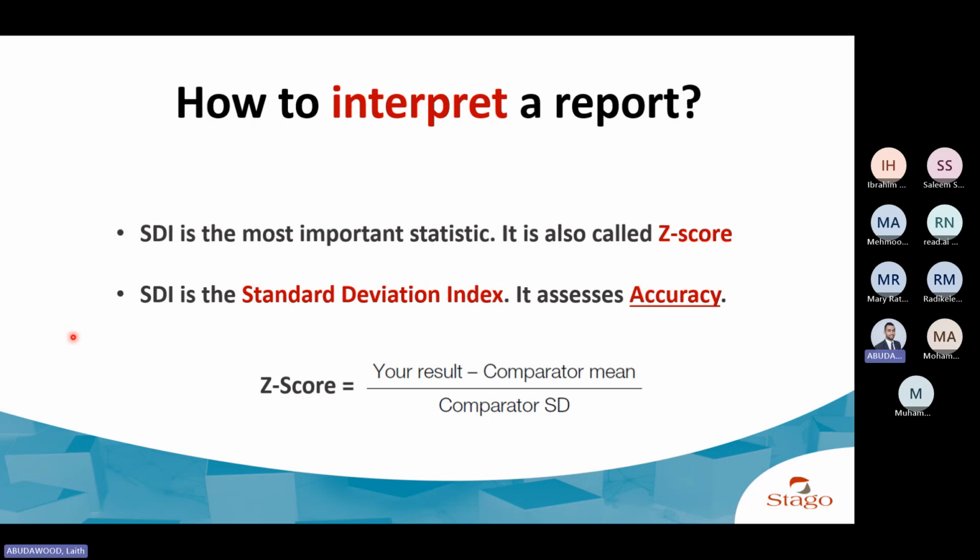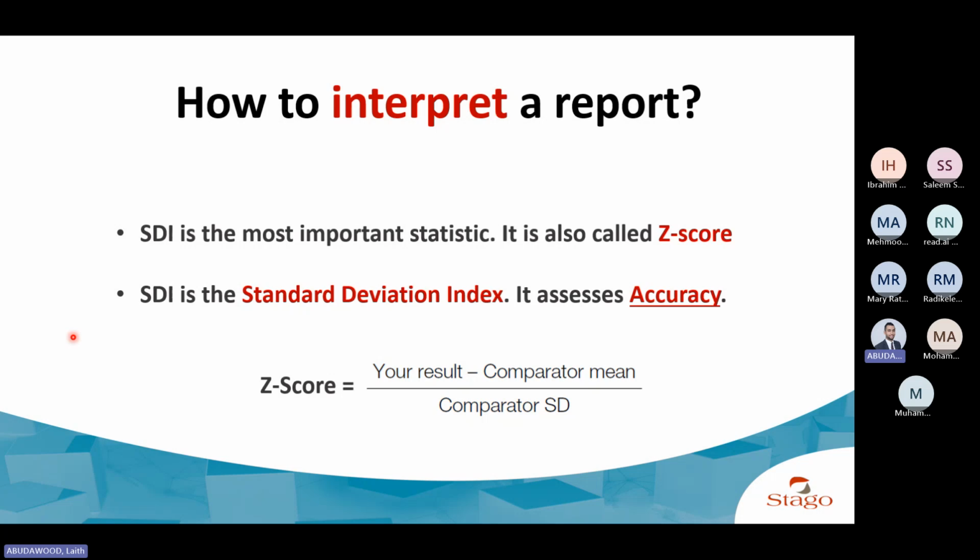So how do I calculate this SDI? It's a very simple formula. You don't need to memorize the formula, but it will be good to know. So SDI or Z-score equals the result that you have obtained when you have analyzed the sample that you have gotten from your provider, minus the mean you are comparing to, or the reference value, let's say, divided by the standard deviation of all the other labs.